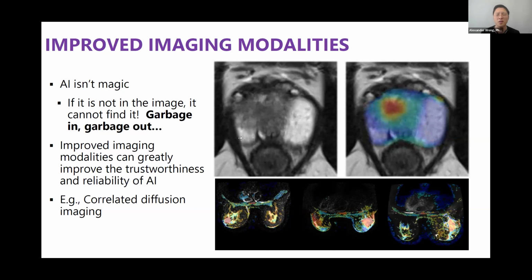Based on the tissue characteristics of cancer, we're able to build new pulse sequences that allow us to really highlight where the cancer is. So what you see on the right is we overlay correlated diffusion imaging information on top of traditional MRI. And what you can see highlighted in red is the exact location of that tumor we were just talking about.